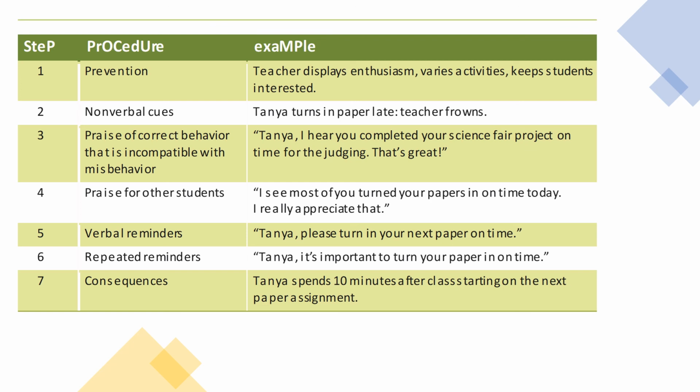However, let's suppose something occurs that you have to deal with. Let's say your student Tanya turns in a paper late. All you have to do is frown or give her a look. That's a nonverbal cue that indicates your displeasure with Tanya turning in her paper late. But it's Tanya's first offense, so we hope that that will be sufficient.